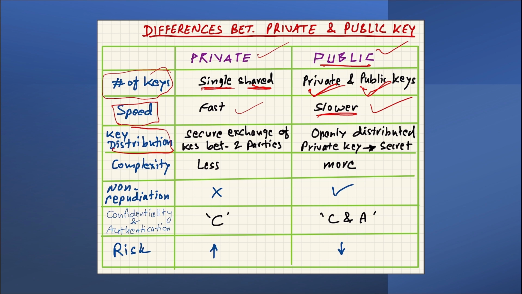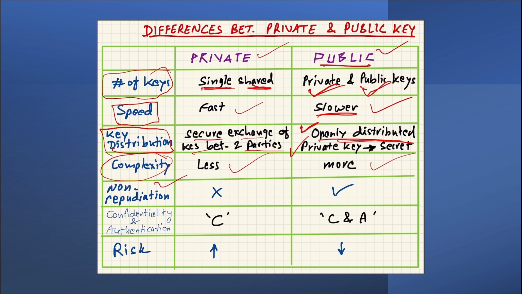Now, if we talk about key distribution, private key cryptography requires secure exchange of keys between two parties, as we saw in the example. In public key cryptography, the public key is openly distributed, while the private key is a secret with the individual. Now, complexity: private key cryptography is less complex, while public key cryptography is more complex because a lot of people are involved.